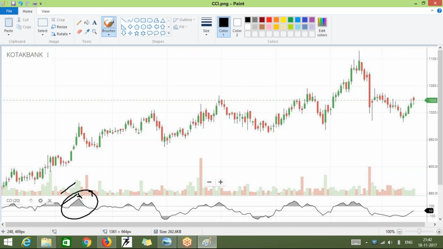You can see every time a downfall started, the CCI also makes a curve. So here also there was a downfall. For pro traders who trade for 10-15 points, this is actually very useful. So this is how CCI is traded.